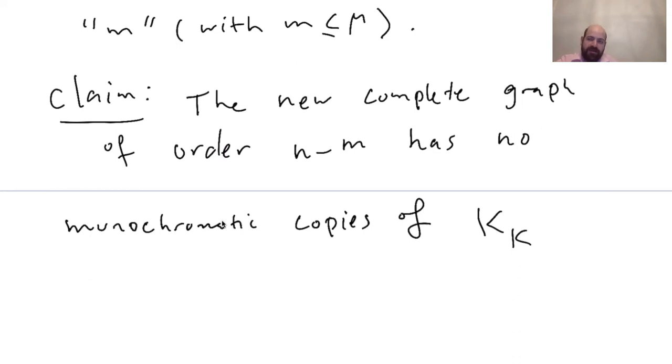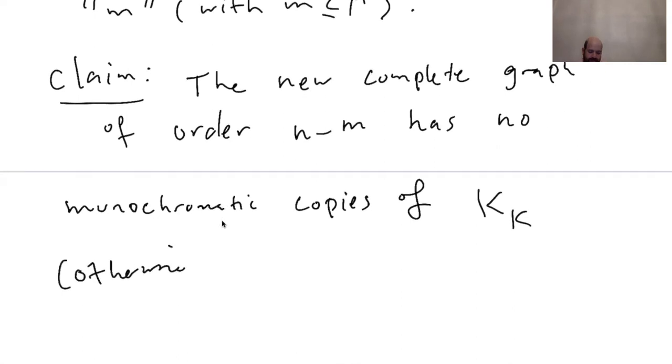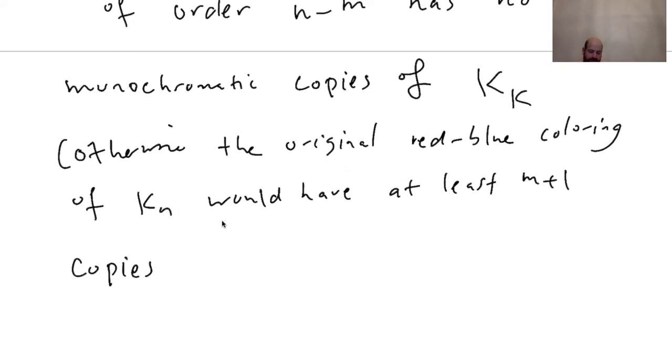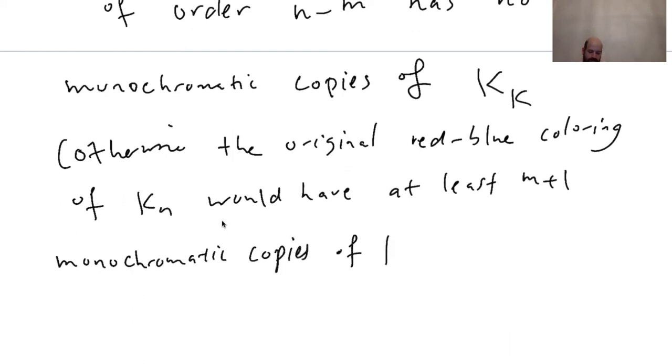Otherwise, the original red-blue coloring of Kn would have at least m plus 1 monochromatic copies of Kk, which is not possible.